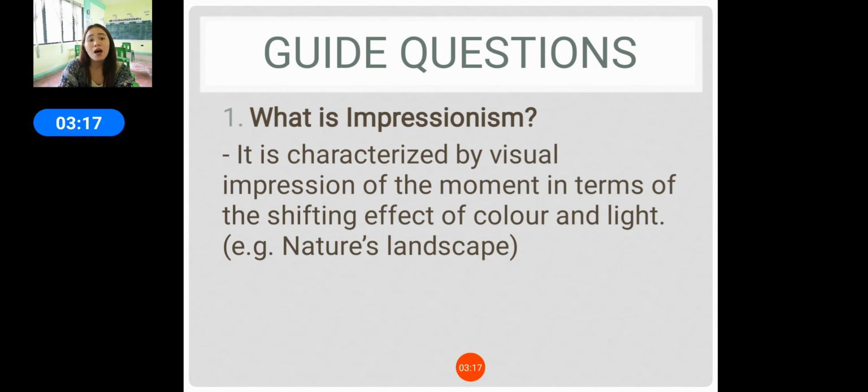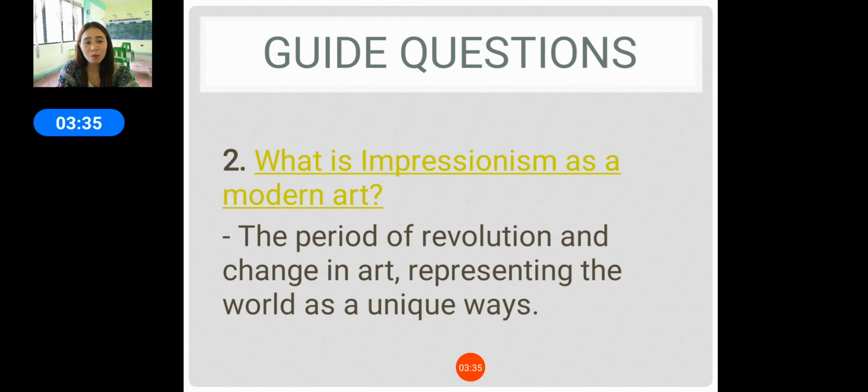This landscape particularly shows the environmental scenery, the nature's scenery and the nature's beauty. That is the use of the shifting effect of color and light. So that is Impressionism.